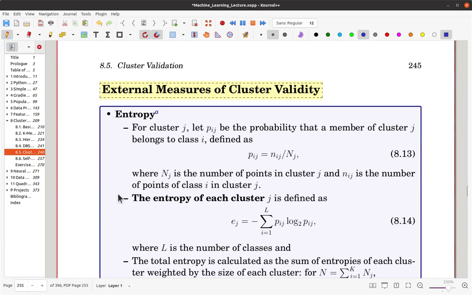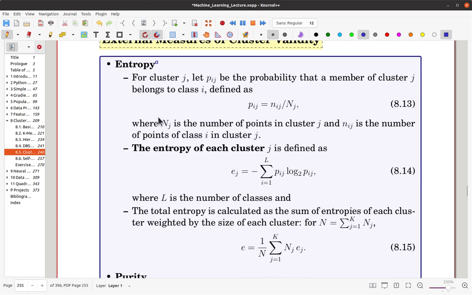Now we have external measures of cluster validity. Entropy is defined in this way. First, the probability p_ij is defined in this way.